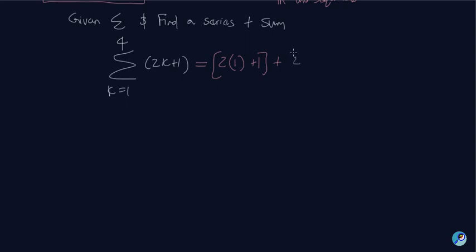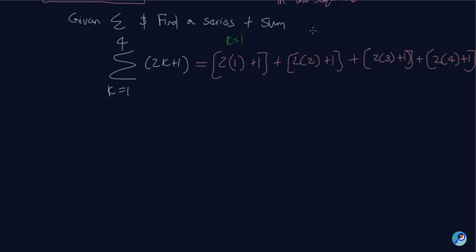So this is 2 times 2 plus 1. And plus k is equals to 3. 2 times 3 plus 1. And plus the last one, k is equals to 4. So it's 2 times 4 plus 1.